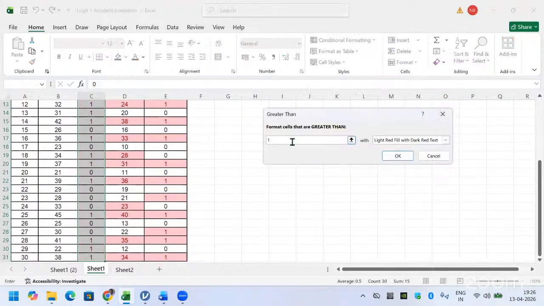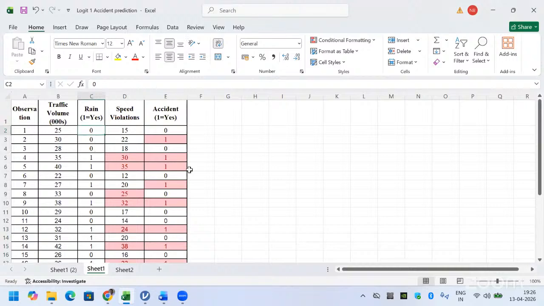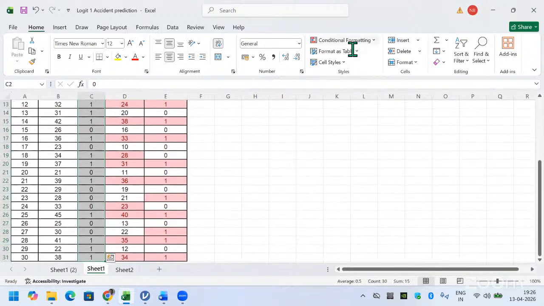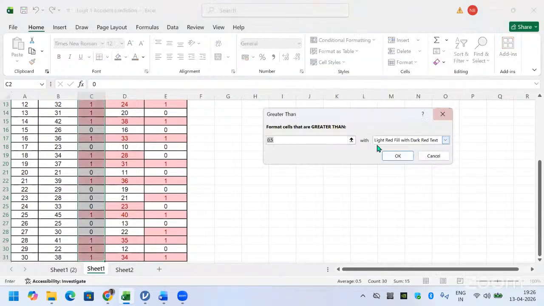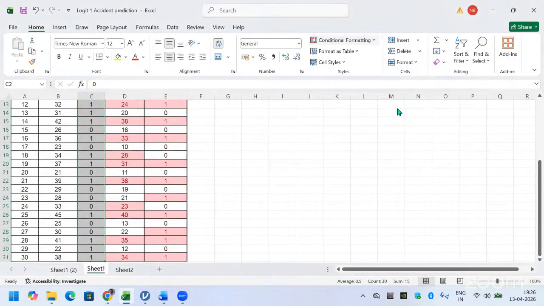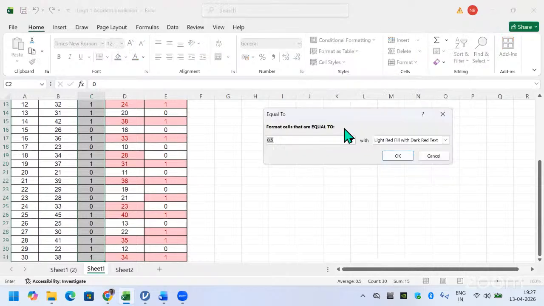So when there is more than 1, white to green fill. Why does it not happen? How to clear all the rules, select data. Then I'll try to highlight when it is 1. In this case, when my data is equal to 1, I have to highlight that in green.